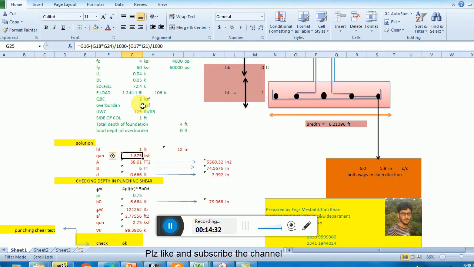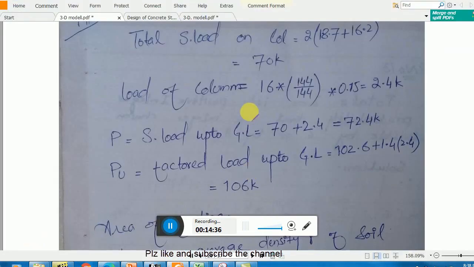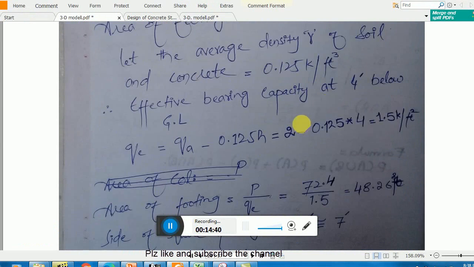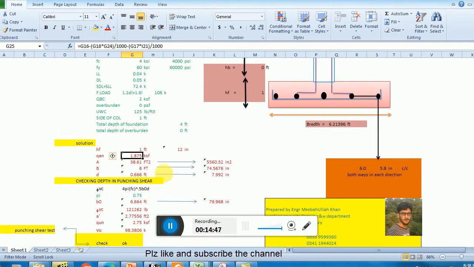If it is not okay, we revise it again. QAN is the net effective pressure, and here we have 1.875, but in our calculation QE equals 1.5, so we have to change this.